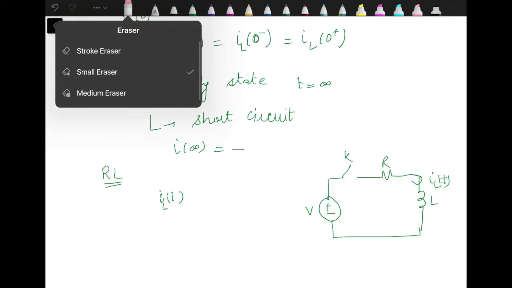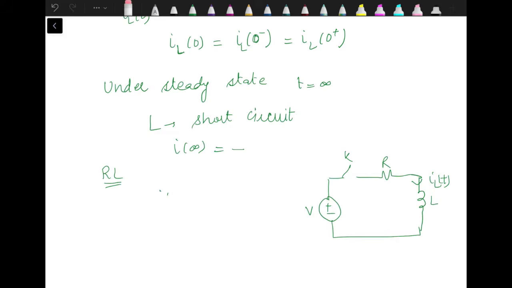is actually written as I infinity plus (I0 minus I infinity) into e raised to the minus t by tau, where tau is the time constant of the RL circuit given as L by R equivalent.